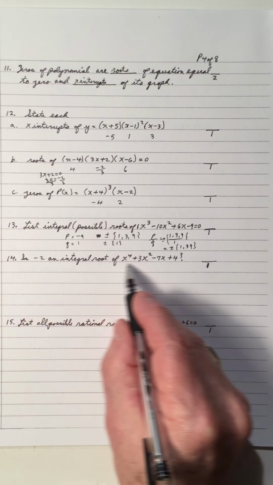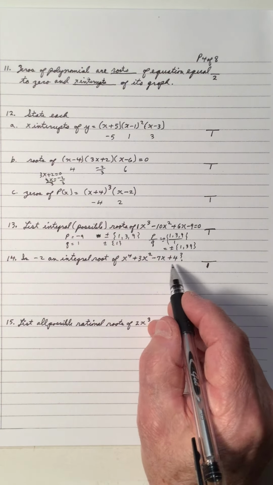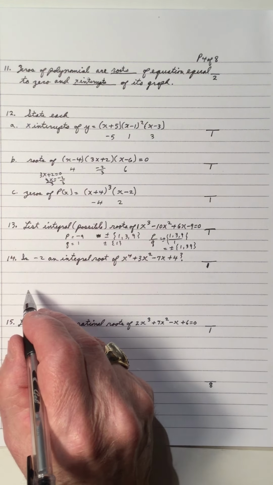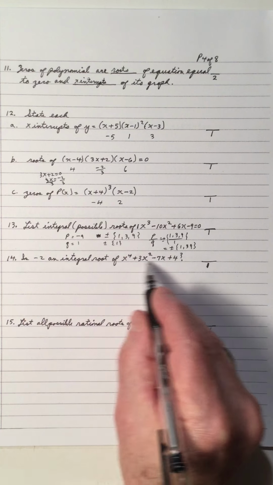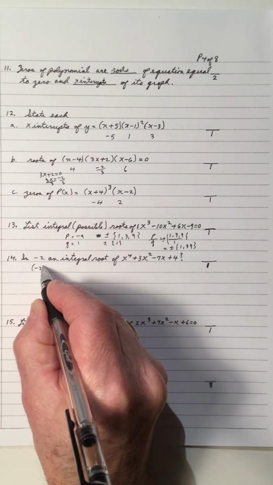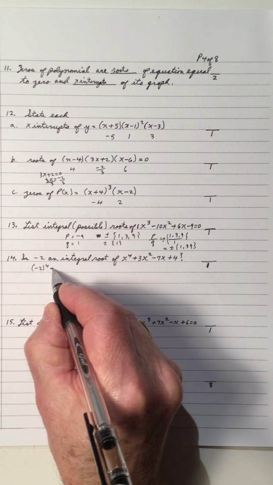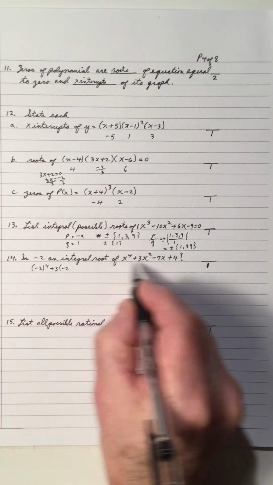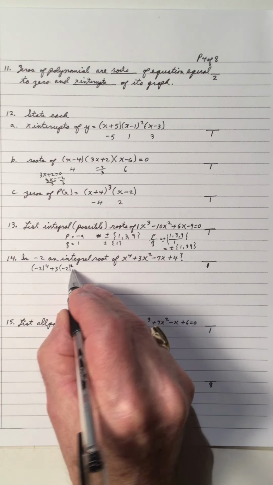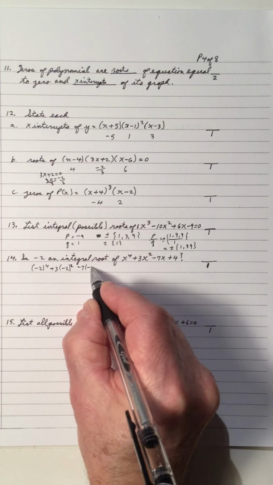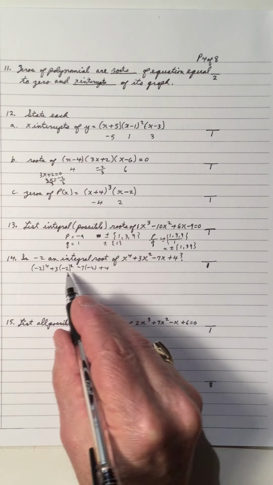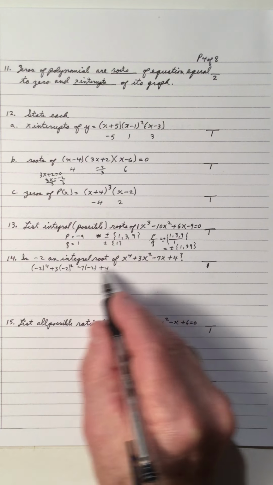Is negative 2 an integral root of this? Well, one way to do it is to sub it in or do synthetic division. So if you put negative 2 to the 4th plus 3 negative 2 squared minus 7 negative 2 plus 4, just making sure.